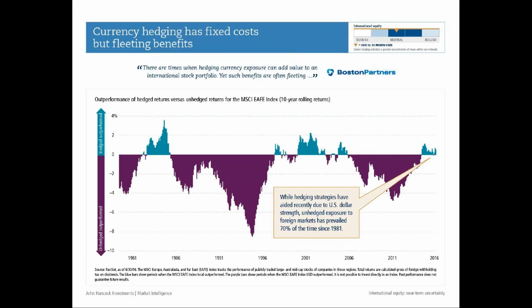But if you look over history, these periods tend to be pretty small, and currency actually has tended to be a benefit for investors over the longer term. The dollar has actually weakened over the longer term against other currencies. And so our perspective is that hedging isn't actually an effective strategy over the longer term, and we would prefer to be unhedged. But it's also a risk to consider, and just something to consider for your international equity exposure.